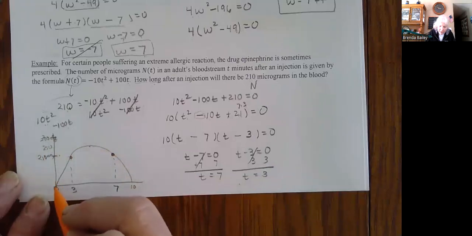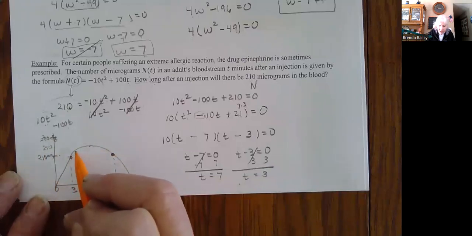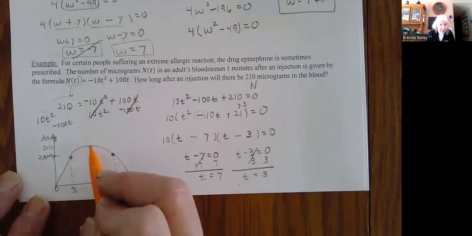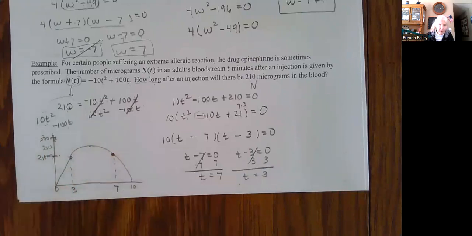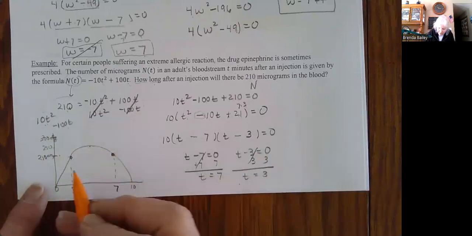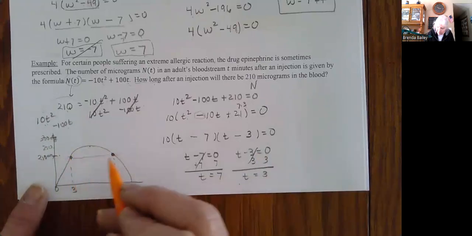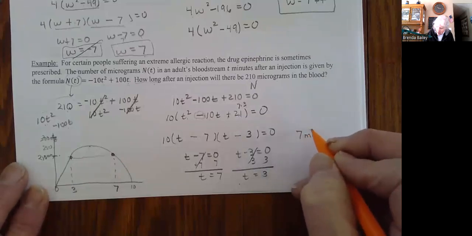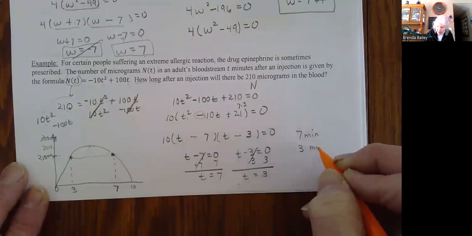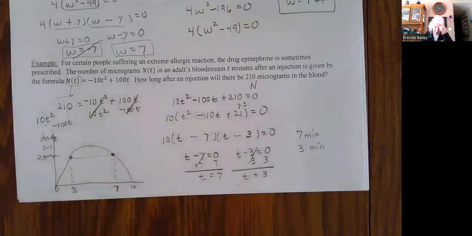So on the way up, you've got 210, it goes above, you cap at 250 at about 5 minutes, and then it comes down at 7 minutes, you're back at 210. So that's why you've got the 2 times. So we've got 7 minutes and 3 minutes is when the concentration is 210 micrograms.